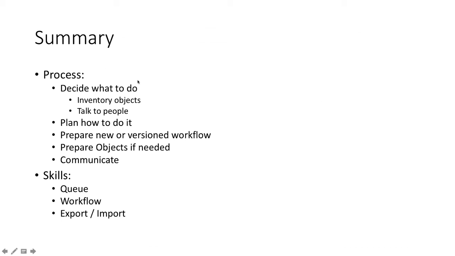So in summary, your first part of your process is to decide, and you want to do that in community. You want to do that in conversation. And to inform that decision, you want to inventory where are my objects sprinkled throughout my stages in my current workflow.